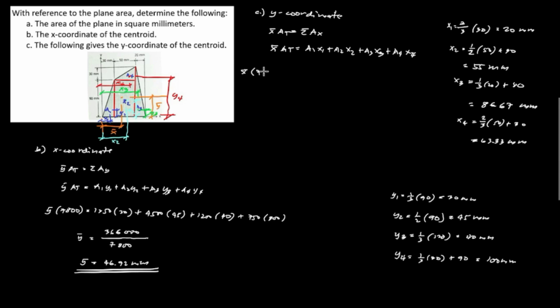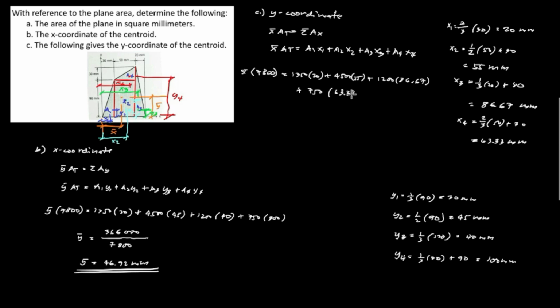X bar times 7,800 for the area total is equal to a sub 1, which is 1,350, multiplied by x sub 1, or 20 mm, plus a sub 2, which is 4,500, times x sub 2, 55 millimeter, plus a sub 3, 1,200, and x sub 3 is equal to 86.67, plus a sub 4, which is equal to 750, multiplied by x sub 4, or 63.33.